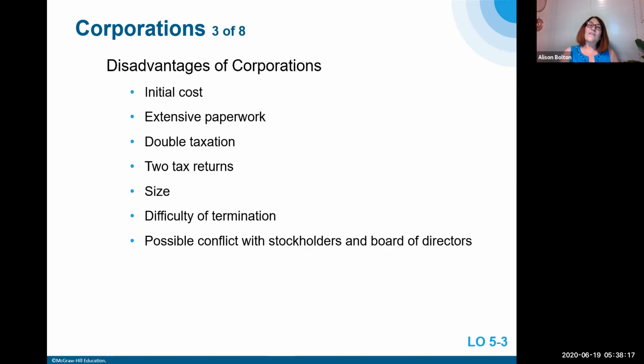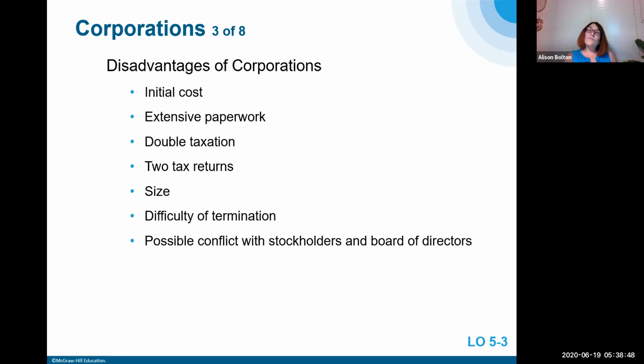Now, one of the other disadvantages, there's extensive paperwork, double taxation, two tax returns. I jumped past size, excuse me. Difficulty of termination. It's expensive to shut down a corporation. You have to pay all your taxes, your employees, before you get to pay yourself or anyone else. And then you could have conflicts with stockholders and board of directors.